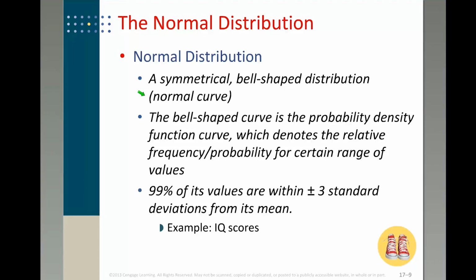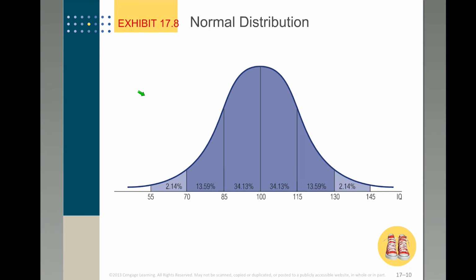For the normal distribution, we also have some nice properties. Here's a typical normal distribution curve. The curve tells us the distribution in the sense that the whole area under the curve is equal to 1. That means 100% of the observations are distributed along the line here.